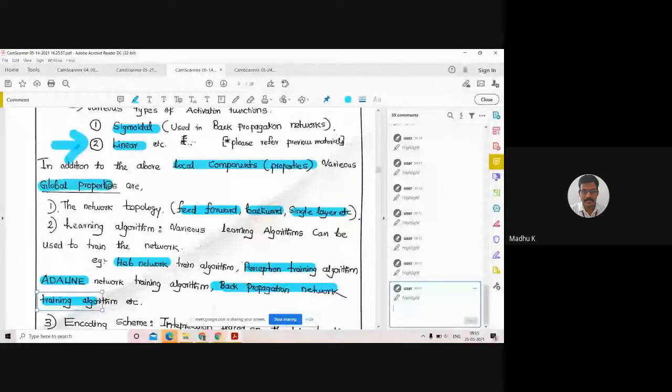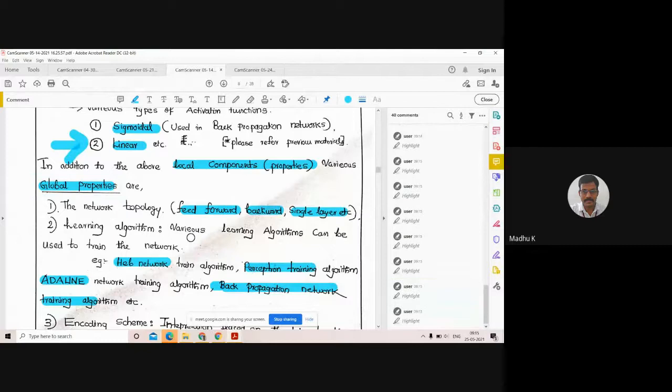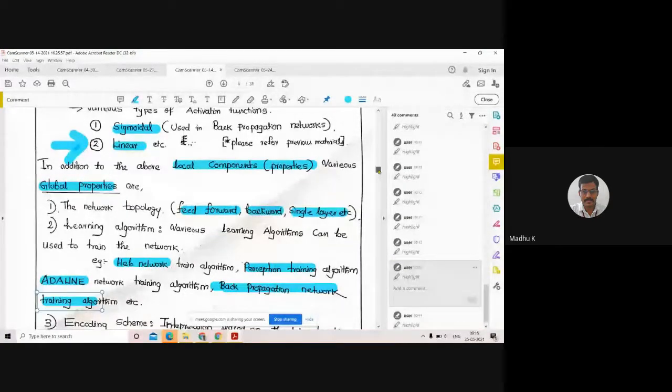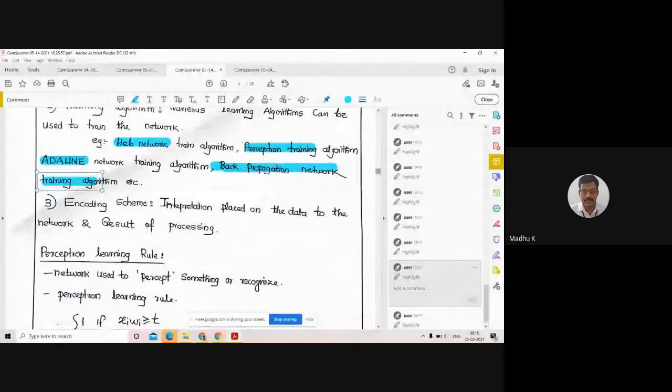So what are the global properties of an artificial neural network? One is the network topology. Second, the learning algorithm we are using. Third is the encoding scheme: the interpretation placed on the data to the network, the result of processing.